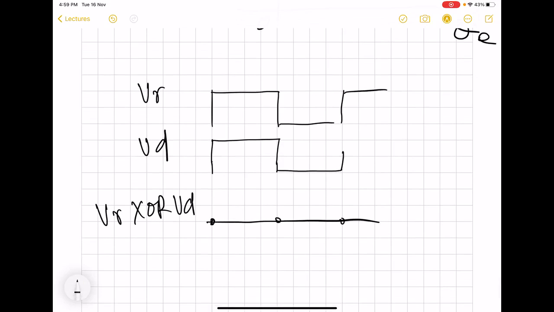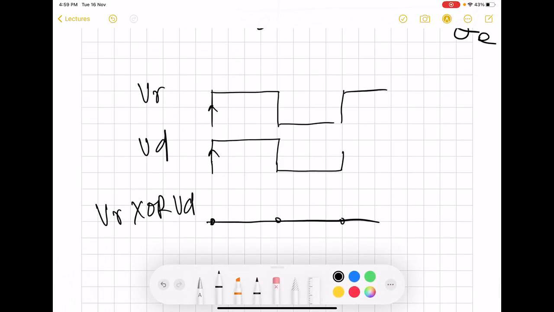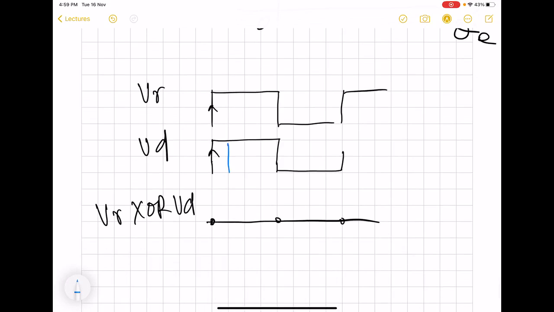Now say the phase difference between them increases, for example when we have this kind of V_D, we are going to get a narrow pulse over one cycle.